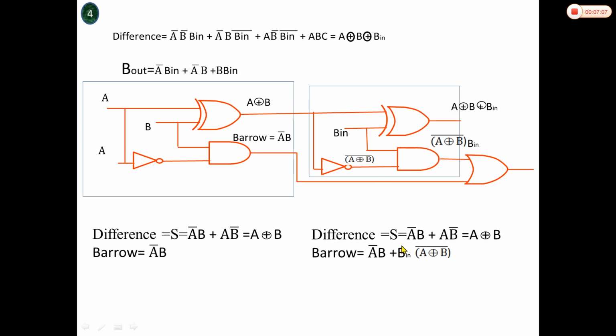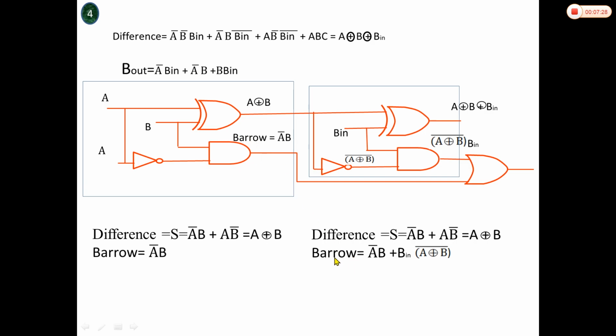To realize this B in into A exclusive NOR B, here we use one AND gate, and to get the A bar B, by connecting the NOT gate to the A we get the A bar, and by connecting the B to the another input of this AND gate we get A bar B.